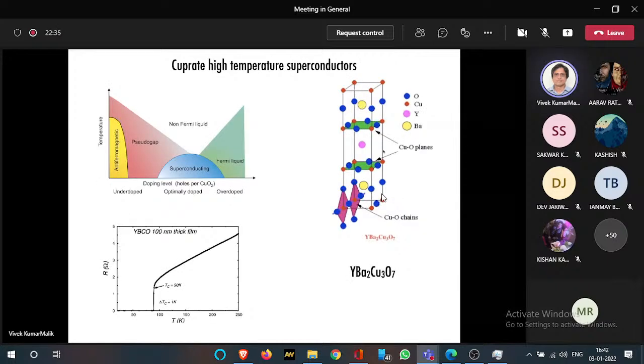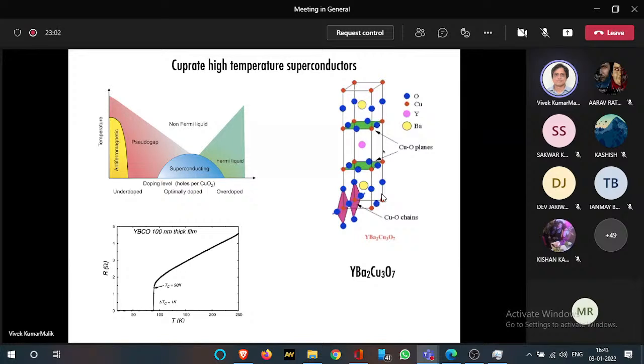So this YBCO, or this cuprate superconductor, is also called a cuprate high temperature superconductor. High temperature, why? Because these are different from the BCS type of superconductors, which limits the TC to around 25 Kelvin, while these have higher TC like 90 Kelvin, 100 Kelvin. Still, it's a low temperature compared to room temperature, but high in comparison to the BCS superconductors.